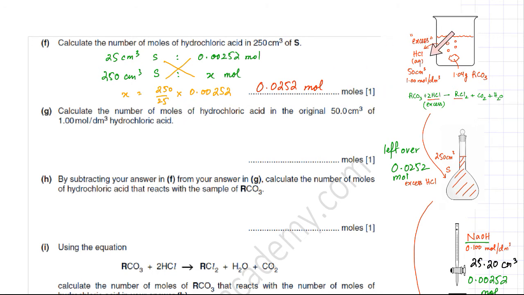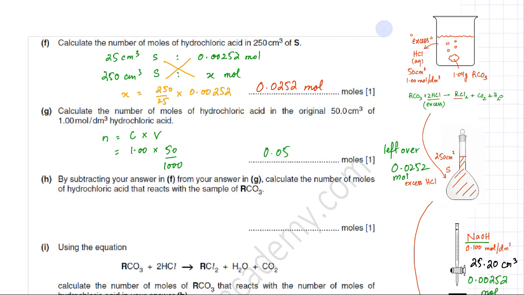Now he's asking us the moles of HCl that we added initially. So we're going to use the formula, which is moles in a solution are basically concentration multiplied by volume. The concentration is known, it's 1 mole per dm cube, and the volume is 50 cm cube, and we're going to divide that by 1000, and the answer is 0.05 moles.